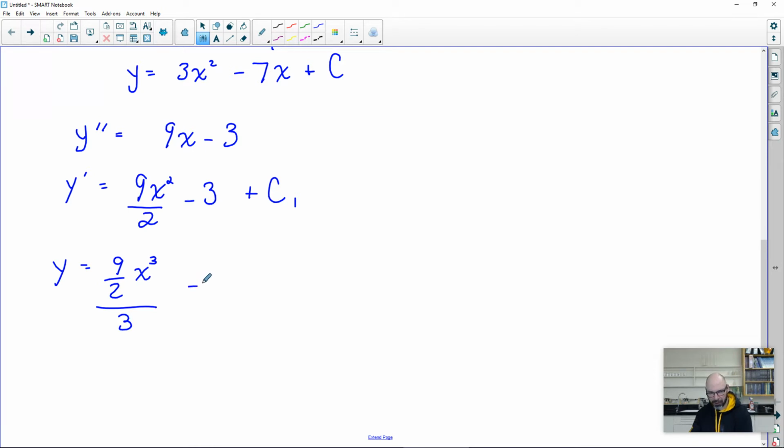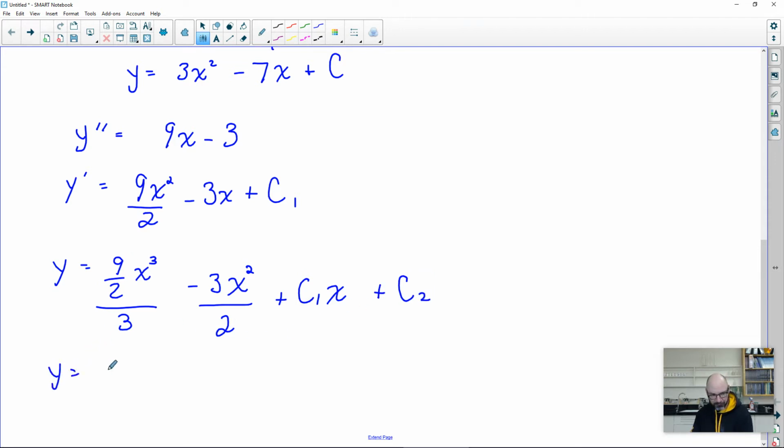And then this is going to be minus 3x, oops, I forgot the x here, squared over 2, right? Because I forgot to put that x there. That should have been an x there. That would make this, when you're doing the antiderivative again, an x. And then this would be plus C1 times x plus C2.